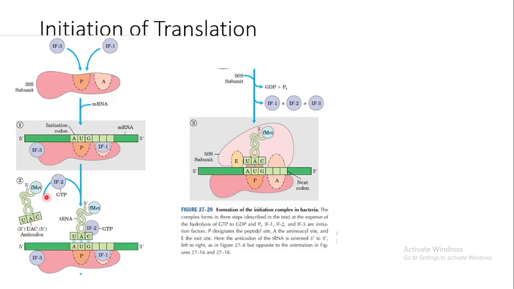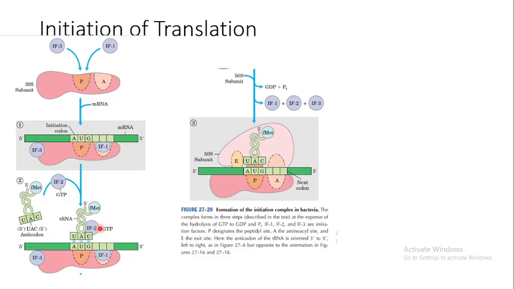So this aminoacyl tRNA will be recruited into the P site where this initiation codon is, and as the anticodon UAC is complementary, they can interact with this start codon in the mRNA, right? Along with that, fMethionine will be there, and IF2 GTP will also be bound here.